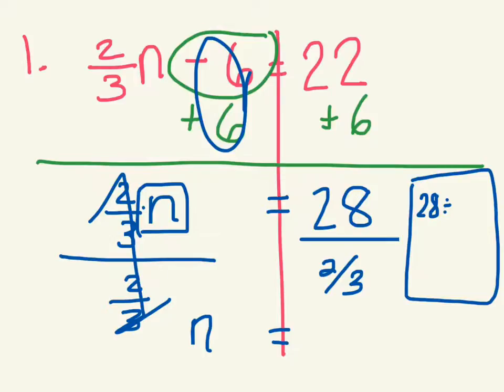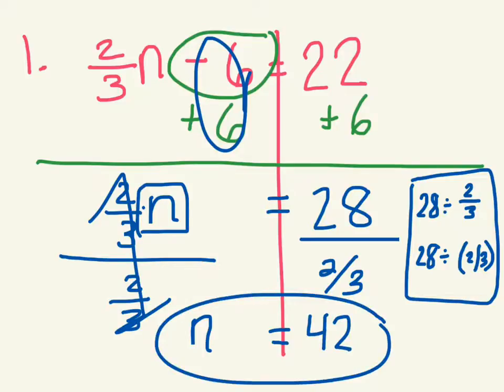And I can do my alpha y equals to insert my fraction, and I can actually insert the fraction then as 2/3. The other way I can do it is I can do my 28 divided by, and then I can put the 2/3 in parentheses as 2/3 with a division sign. Either way I do it, my answer is going to be 42.